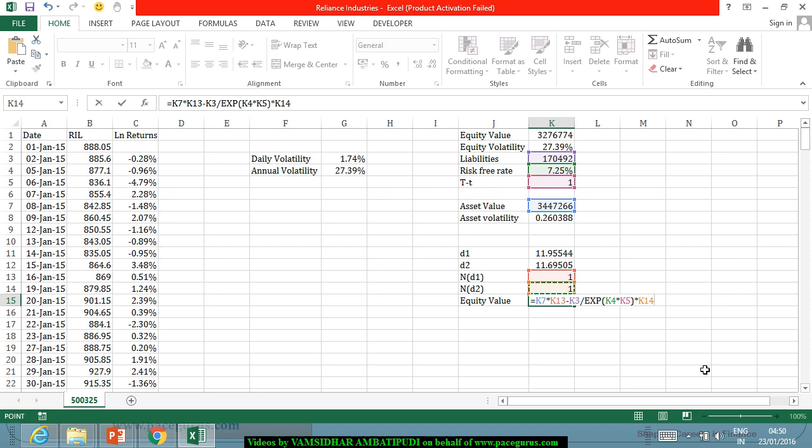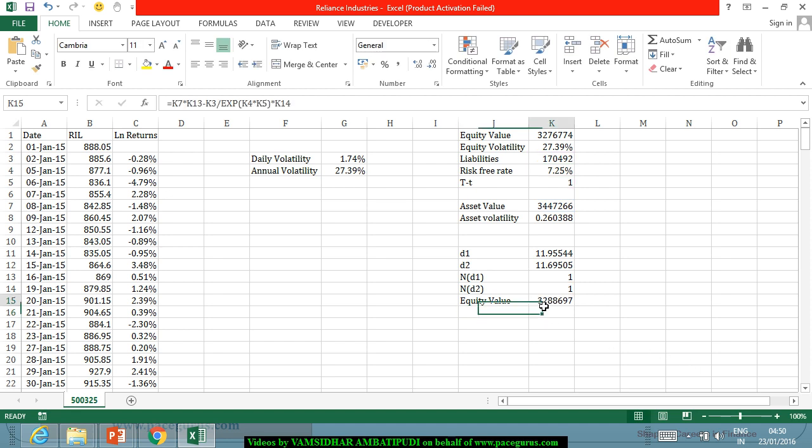This is my ND2. So my equity value through this formula is coming out to 328, and I can apply the same approach to the equity volatility. So this one is actuals. This one is derived from our formula.